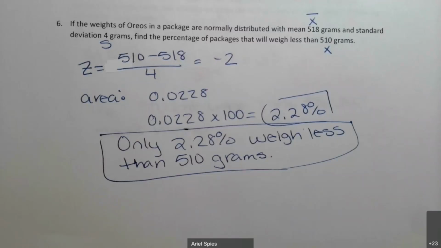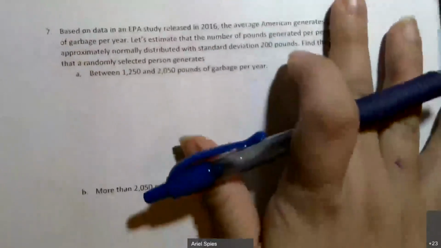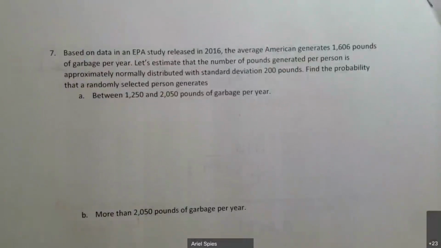Questions here? All right. So then on the back it says, based on the data in an EPA study released in 2016, the average American generates 1,606 pounds of garbage a year.